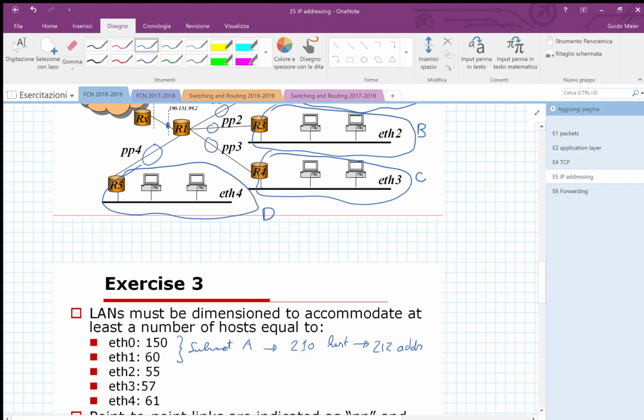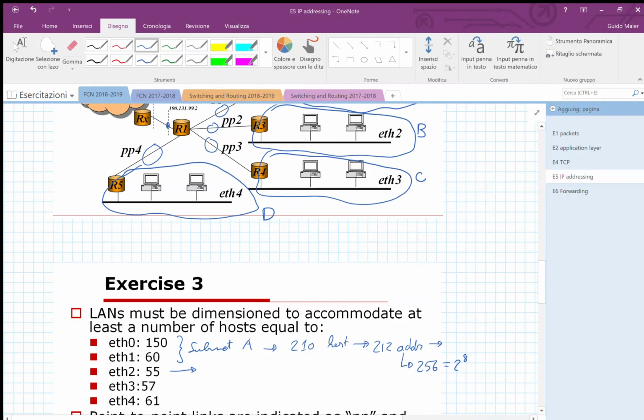In order to have 212 addresses, we basically need 256 addresses. Okay. Because we always need a block that is an integer power of 2. And 2 to the 7th will not be enough, because it's 128, which is less than 212.